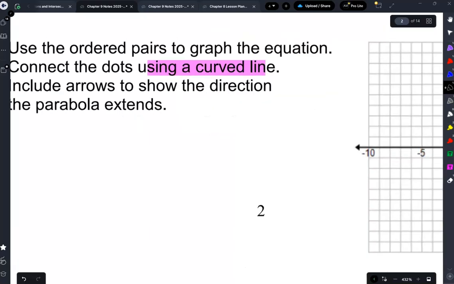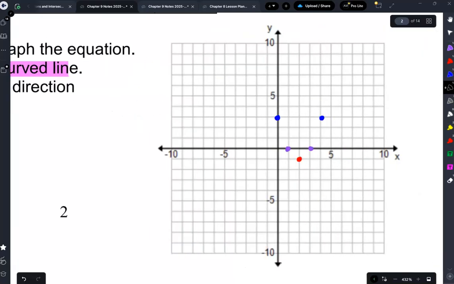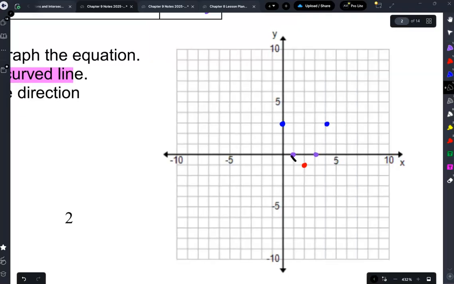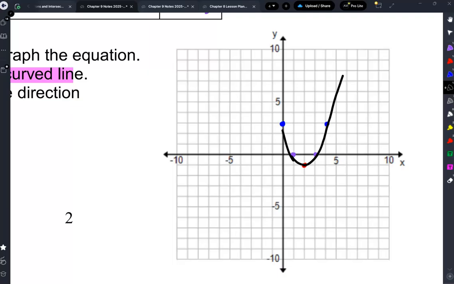So what I would prefer that you did is first draw this curve. Make sure it's curved, then stretch it up, and put arrows so we know it continues forever.